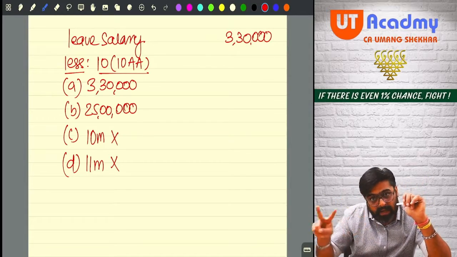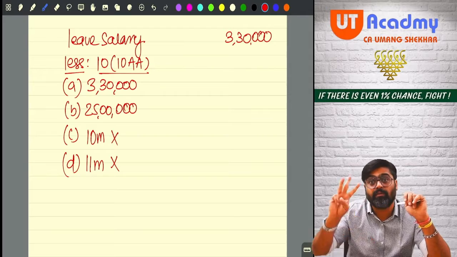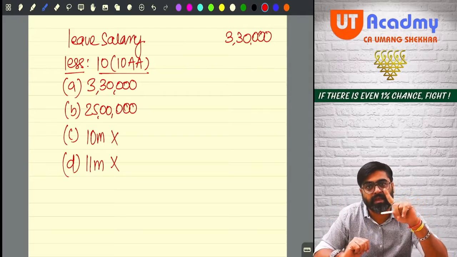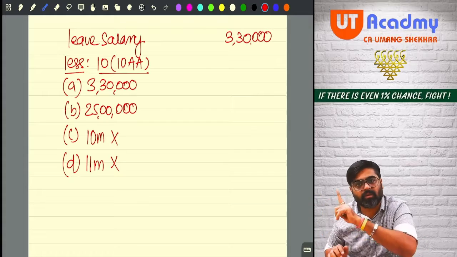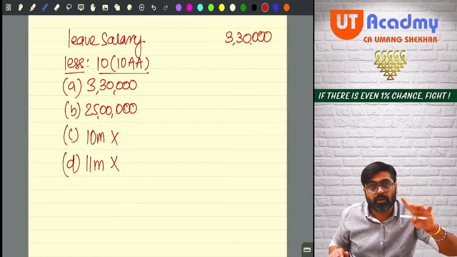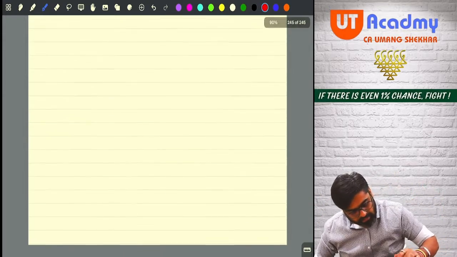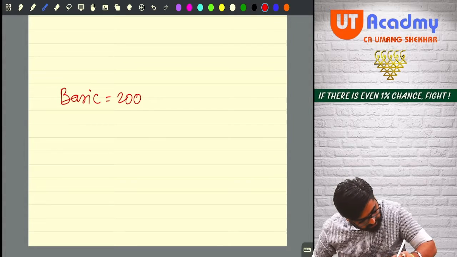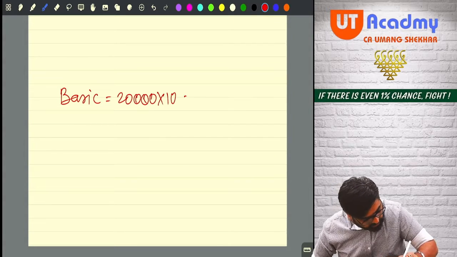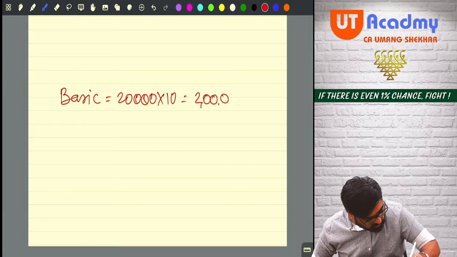I will take DA in terms for all these 10 months. I will take turnover commission of all these 10 months. The basic was 20,000 every month. So basic will be how much? 20,000 into 10 is equal to 2 lakhs.